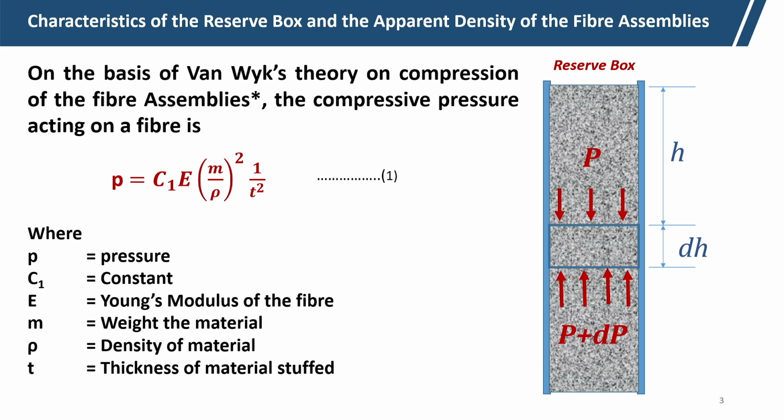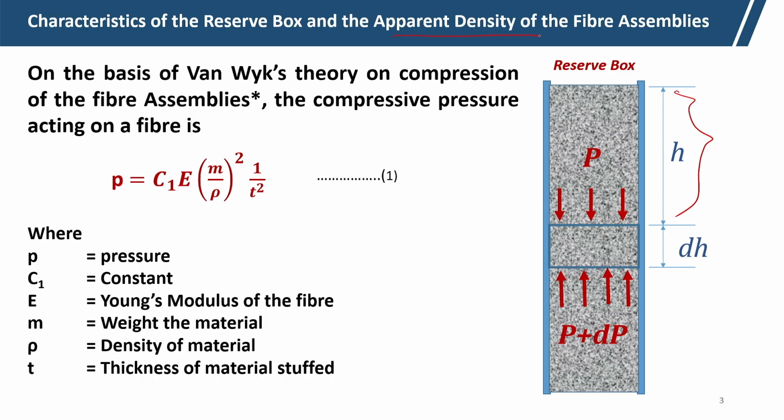So, as I have told, T is how much thickness of the material is there, which is being stuffed above the portion where we want to measure the compressive pressure, and this actually changes the apparent density.